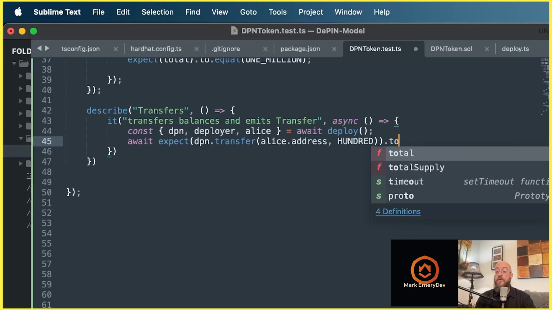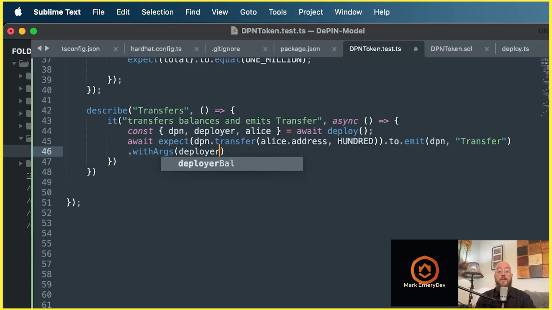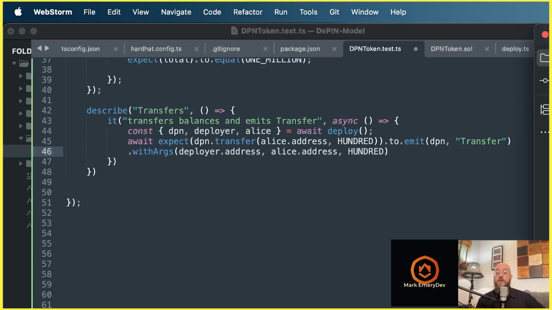Period, and then to emit, and then we're laying out what we want to see with arguments or args. So he's saying, what are you going to use to answer this? The deployer address, Alice's address, and our unit of 100.